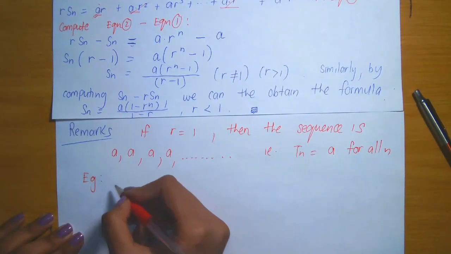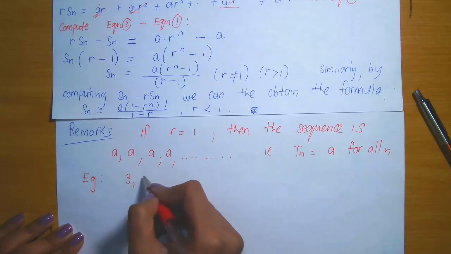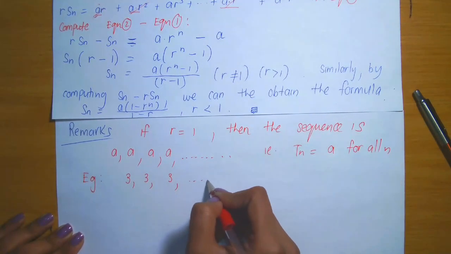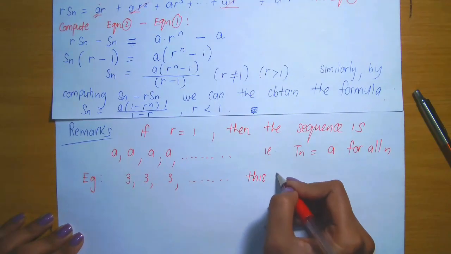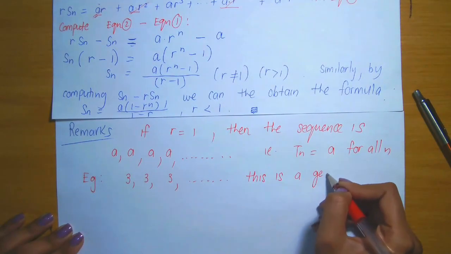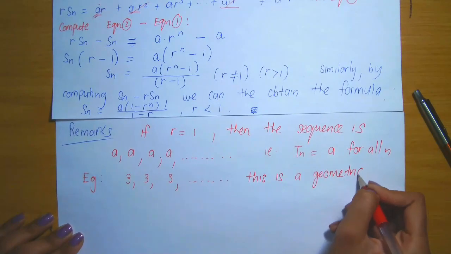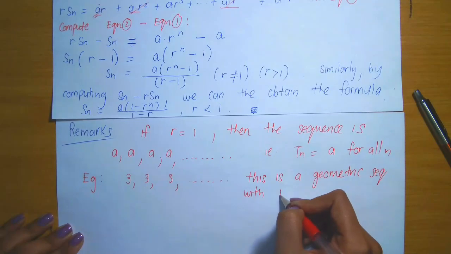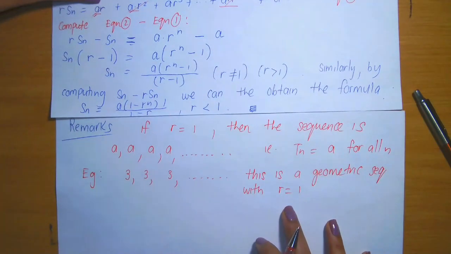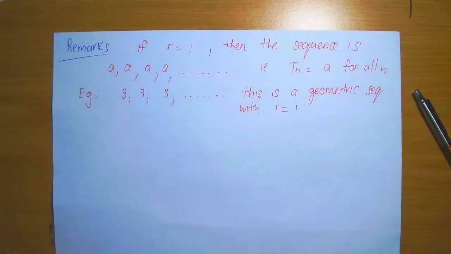Example, maybe I had a sequence with terms 3, 3, 3 continuing indefinitely. So this is a geometric sequence with r equals 1. That's precisely what we have in here.